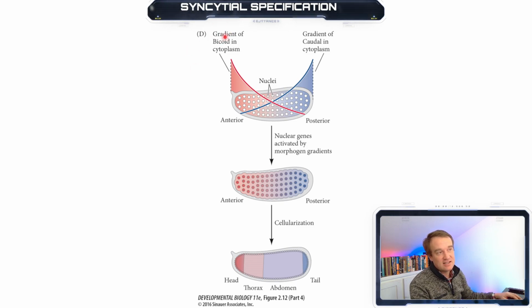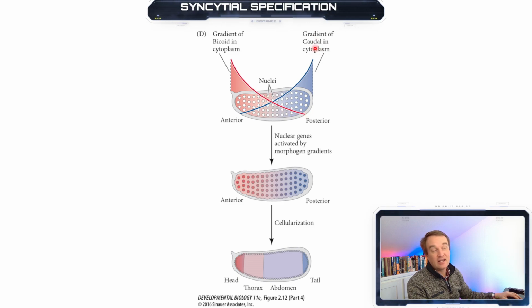In this case, we have bicoid, in red here, which is really high on one end and then disperses slowly across the cell, and the concentration becomes much less at the posterior end.